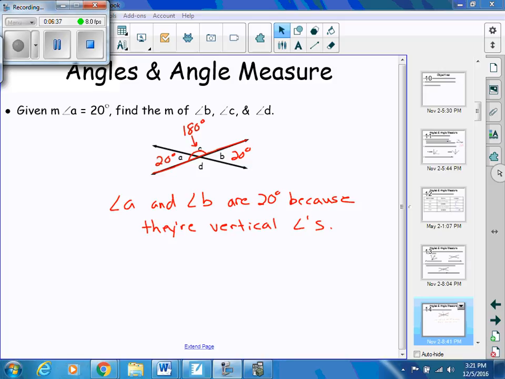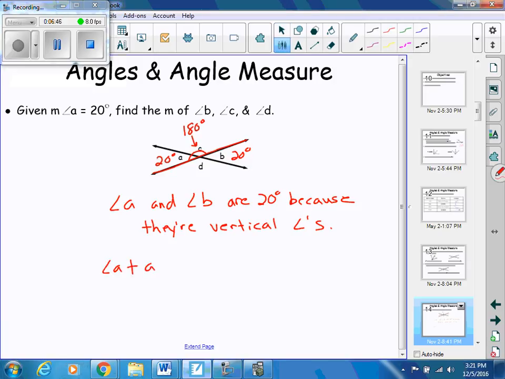So angle A plus angle C would equal 180 degrees. Well, I know angle A is 20 degrees, so all I need to do to figure out angle C is subtract that 20.